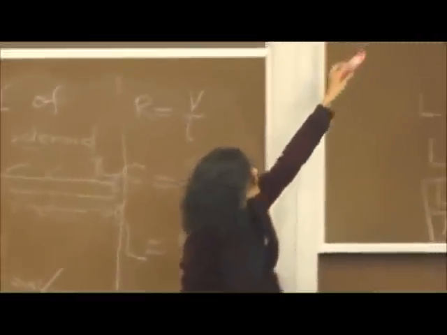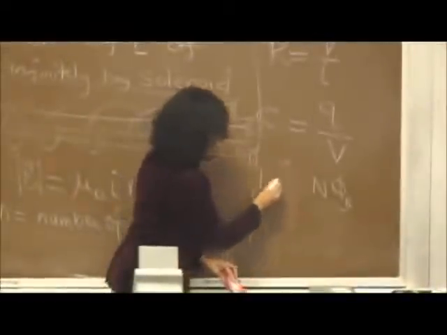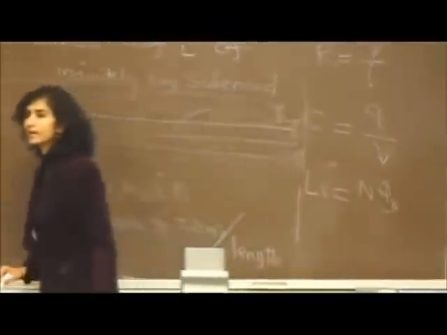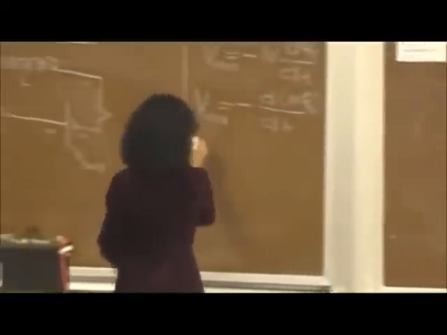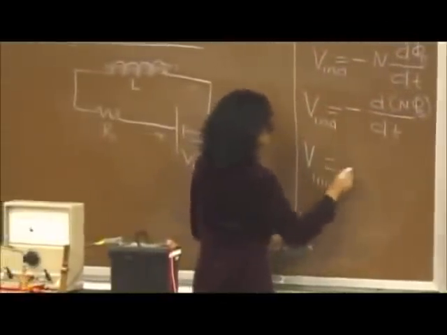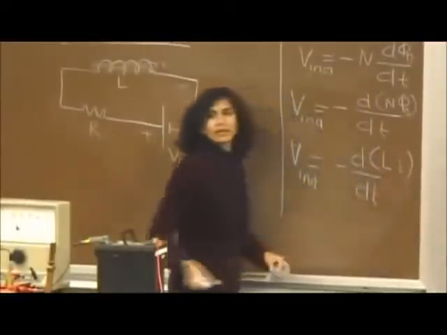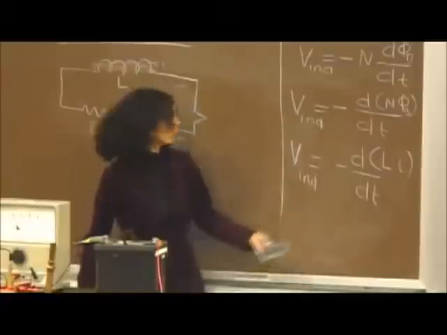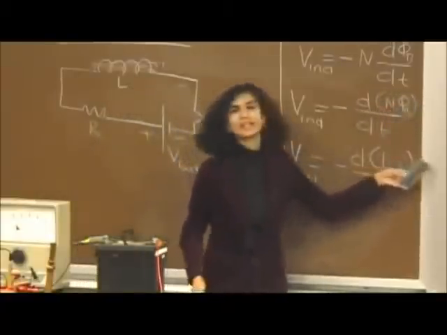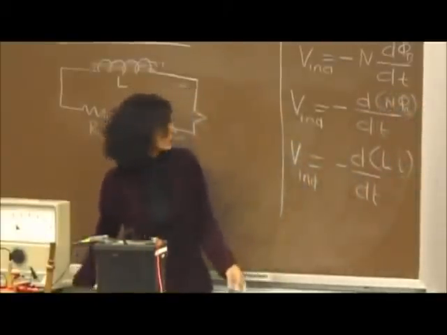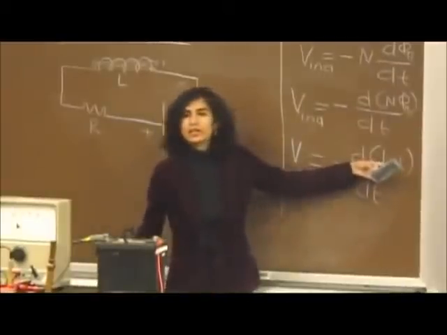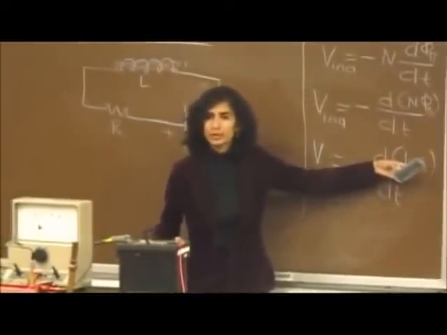The only reason I'm doing it is because look how I define the inductance. Look at this. N times phi is what? L times I, isn't it? So can I, instead of that, write it like this? Can I say that this is nothing but d over dt of L times I? Is that okay? Why? Because N times phi was defined as L times I. This is how I defined L. But L is a constant for a given inductor.